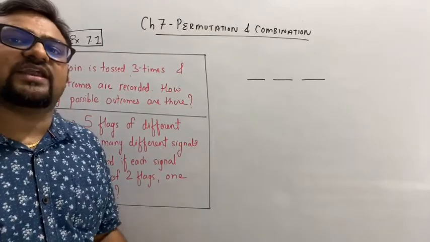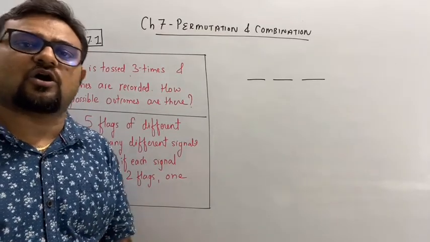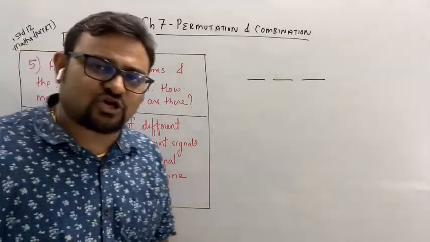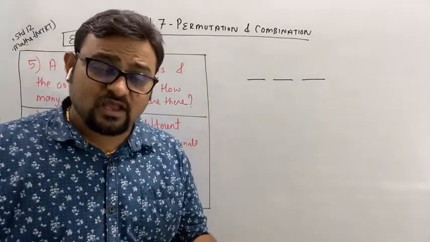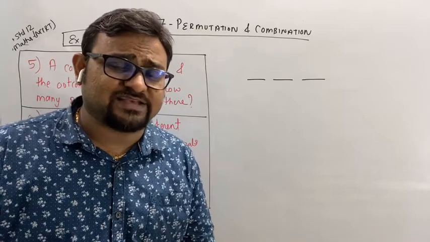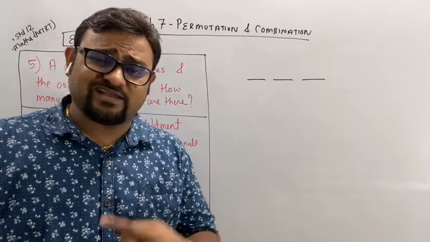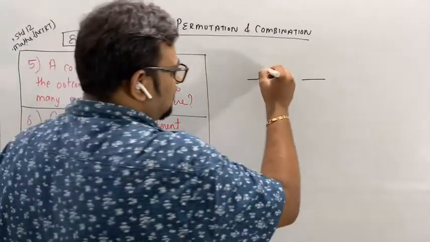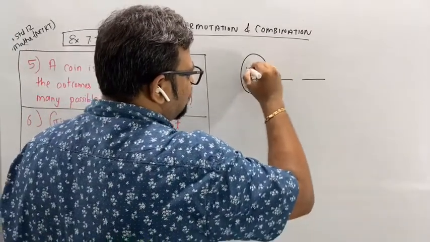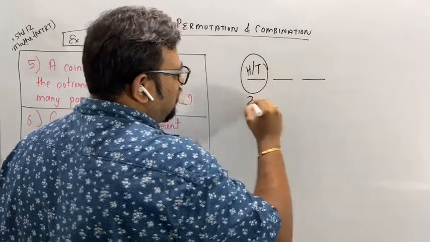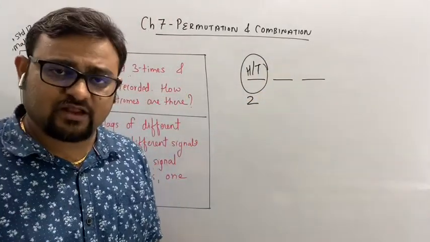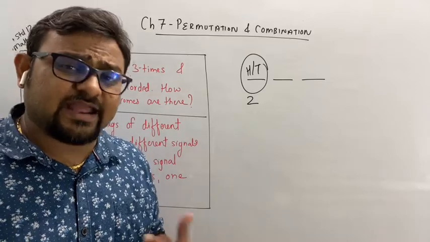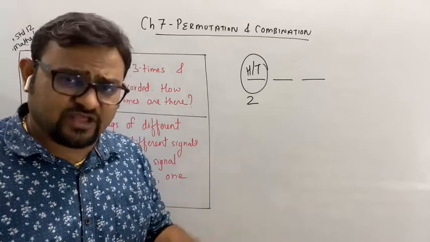We have to find out the total number of outcomes. So let's say when the coin is tossed for the first time, how many possibilities are there? Either head or tail. So for the first toss, I am having two options, head or tail.